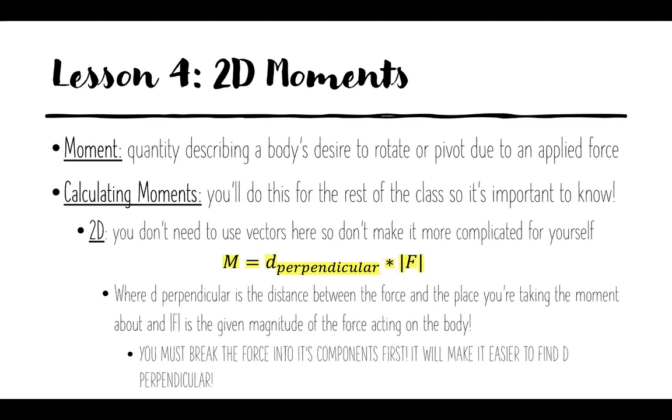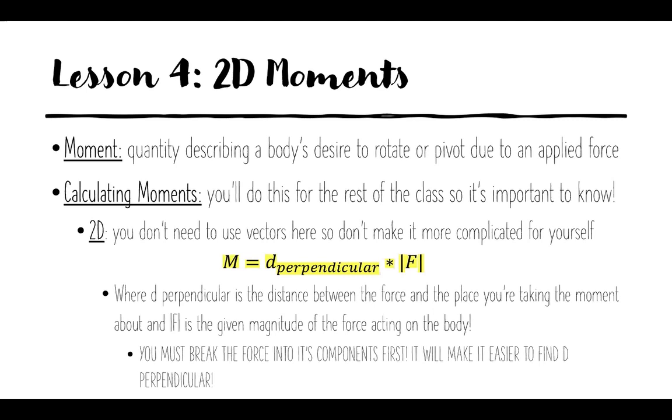Yes, so putting the function into your calculator, it is on the Canvas page in the administrative section of the modules. So when it comes to doing 2D and 3D moments, for 2-dimensional moments, you want to stick to the perpendicular distance times the force, and then for the vector 3D, stick to the position vector cross the force vector, which we'll go over in just a second, because that kind of gets confusing too.